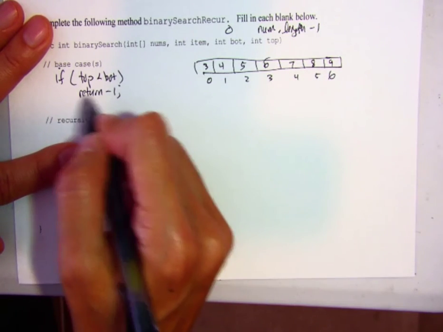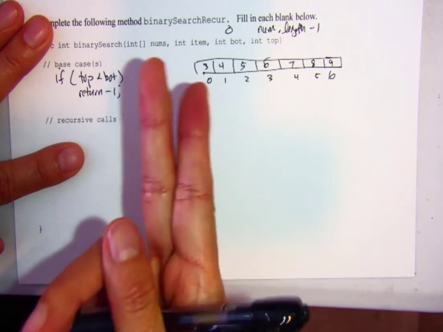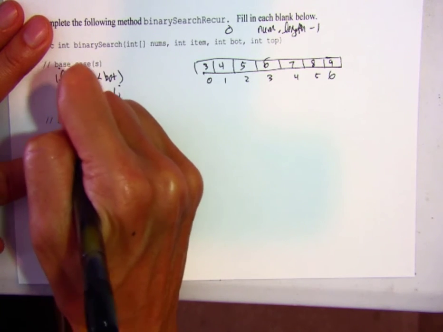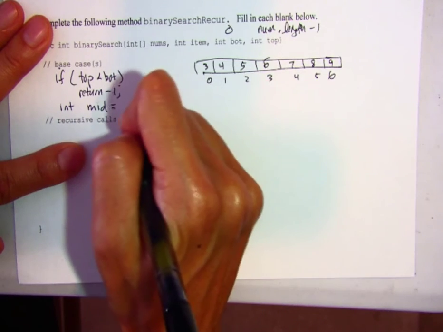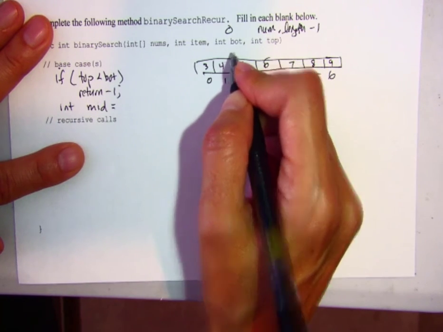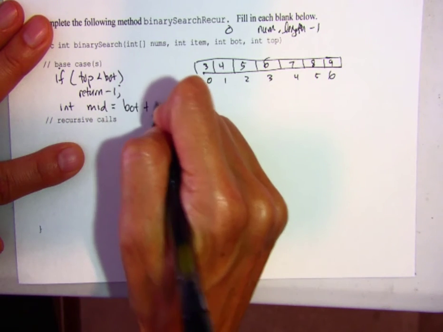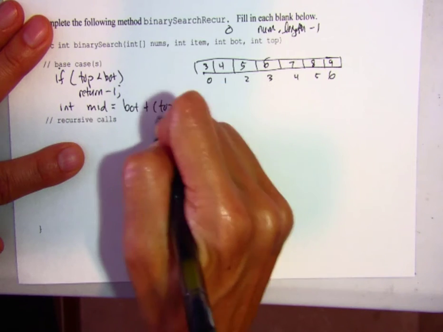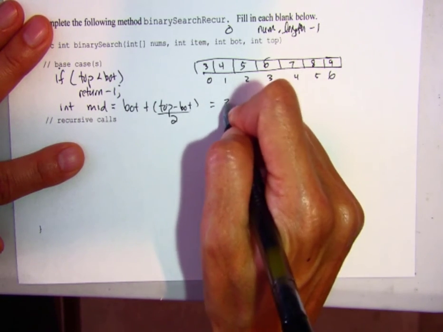First, you check if your bottom and top have crisscrossed, in which case it's not there. Otherwise, we first have to calculate the midpoint. To ensure there's no overflow, mid is bottom plus top minus bottom, divided by 2. In this case, it would be 3.